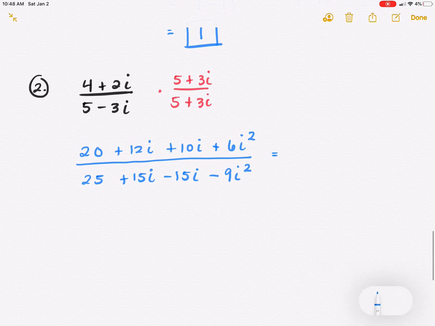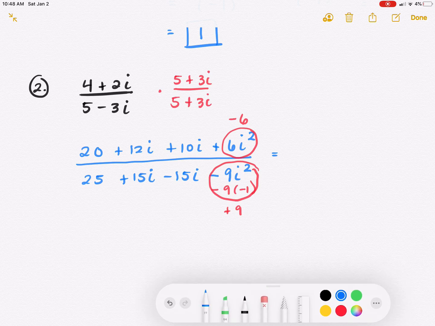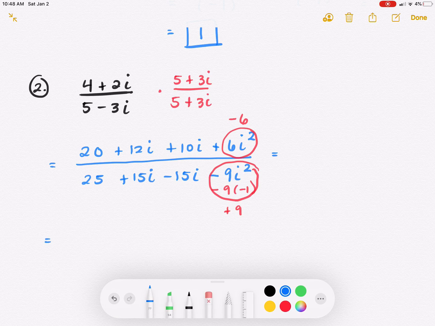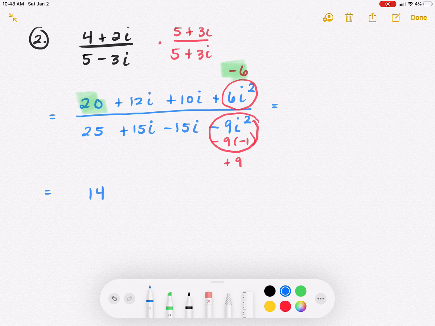And so a couple things we can do to simplify this. 6i squared is -6. And what happens here when we take -9 times -1, this whole part is going to make a +9. And so let's simplify. And we can combine the 20 with the -6, and we can rewrite this as 14.